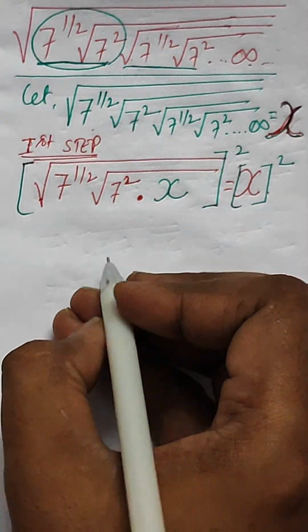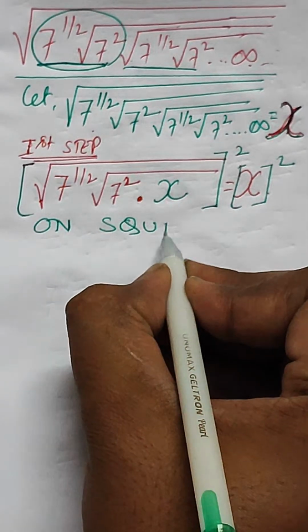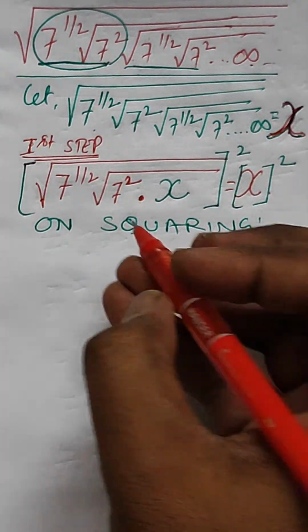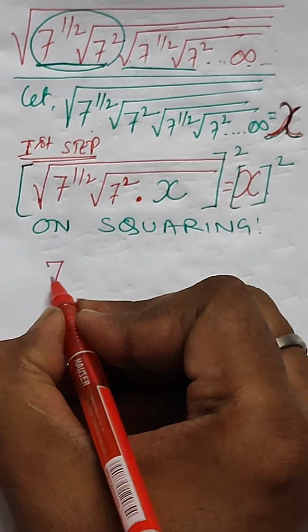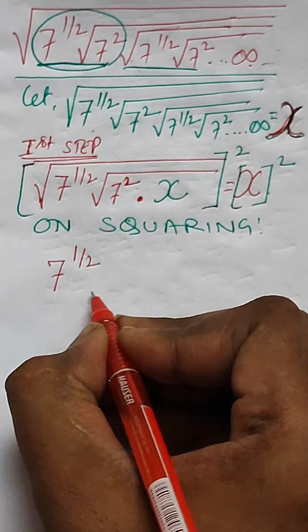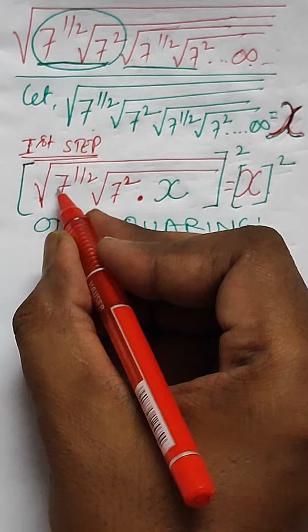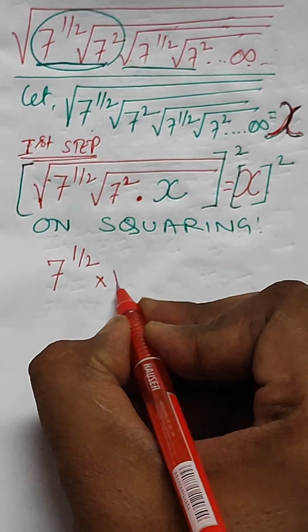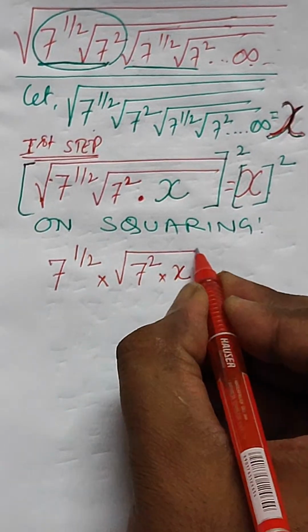When you square it, on squaring, what will we get? This root will be eliminated and we are left with 7 power 1 by 2 into root over of 7 square into x.